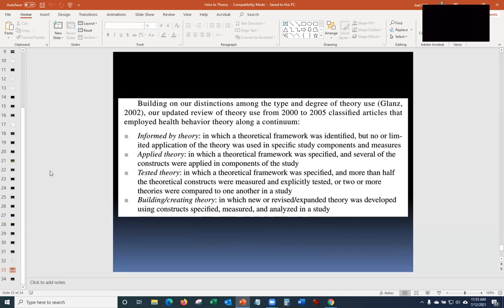And we want to know if these constructs actually do predict and explain behavior and how they relate to one another. And then applied theory is where someone may not fully use a theory or model as we know it. They may use some components, and that happens quite often. It's not the most ideal thing, but informed by theory would be the higher level, where issues with the application of theory come into play.